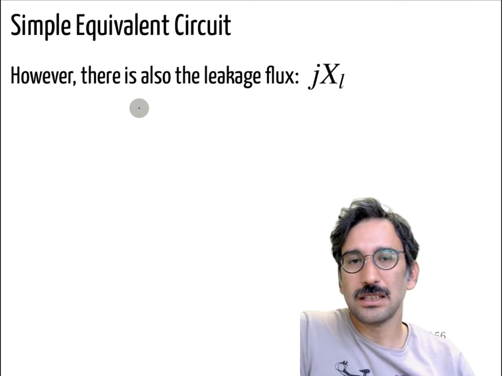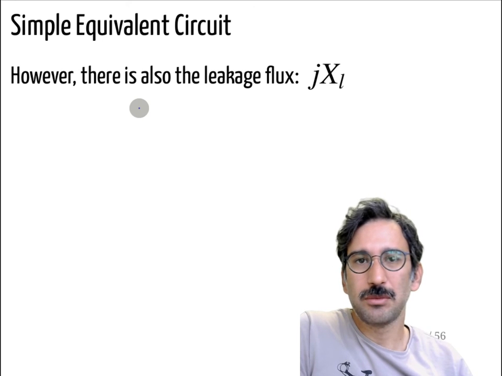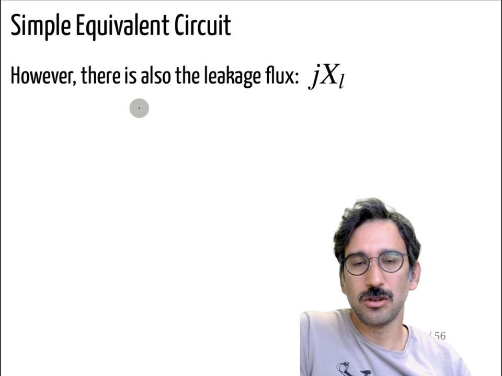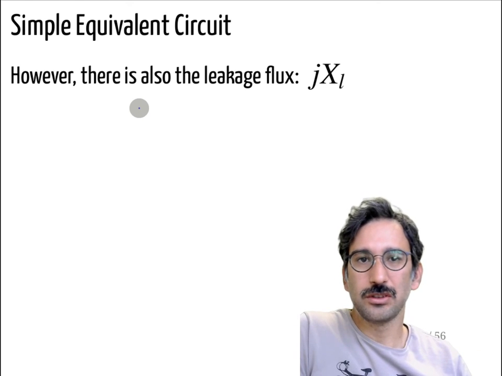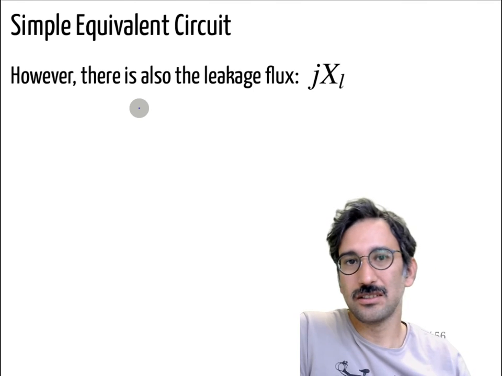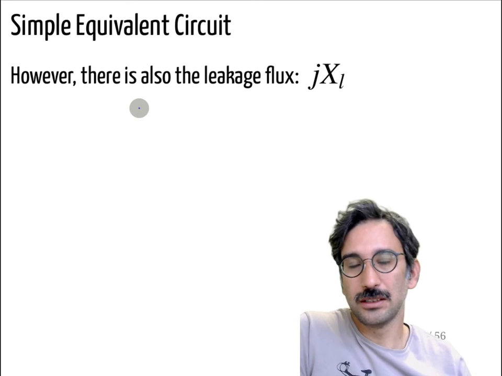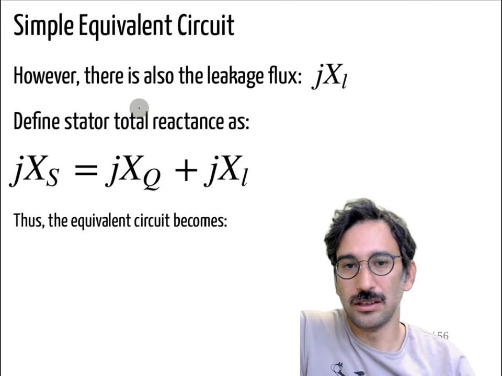On top of that, if you remember the equivalent transformer model, there's also the leakage flux. You can think of leakage flux as the self-inductance of the coil, which doesn't link the secondary coil, which in our case is the other windings or the rotor flux.